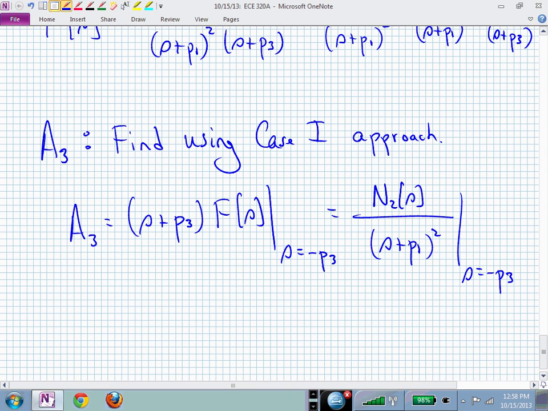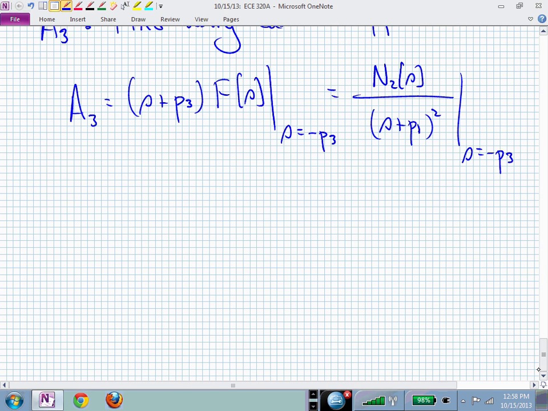Questions on that? That's straightforward. That's from our distinct root case. We can also use that same approach to find the coefficient associated with the highest power of the repeated root, if that makes any sense.